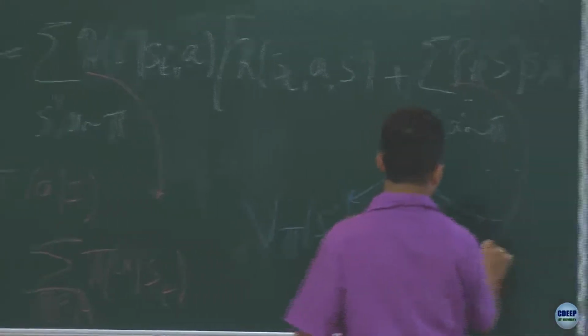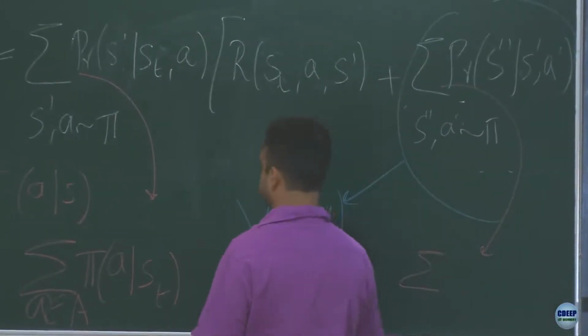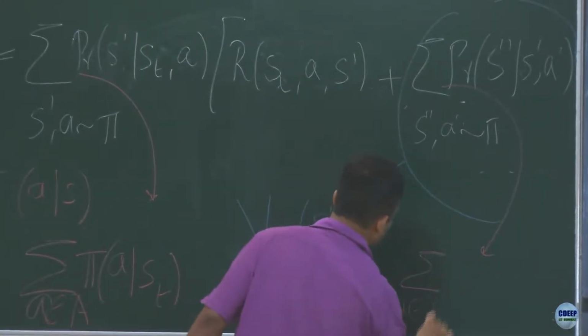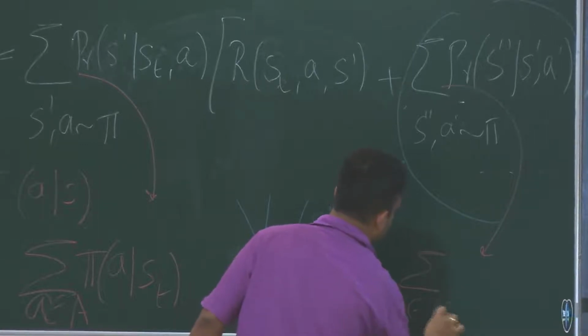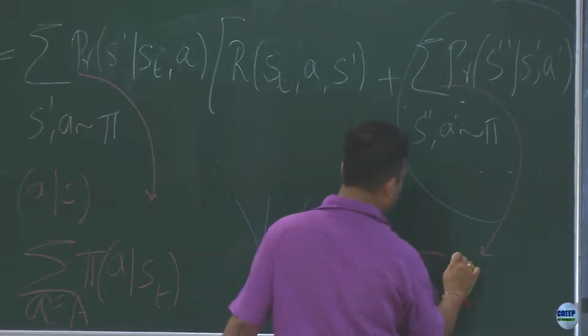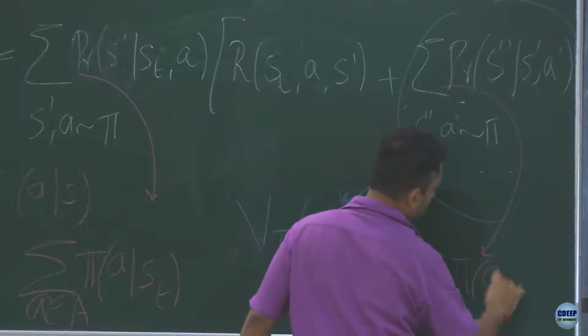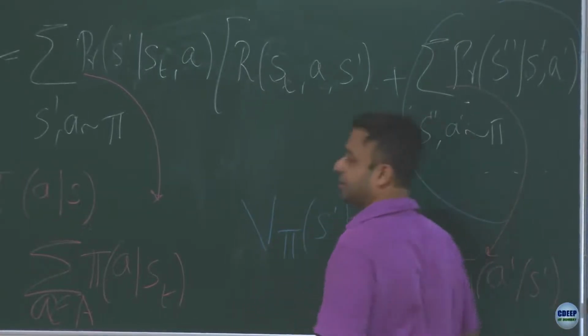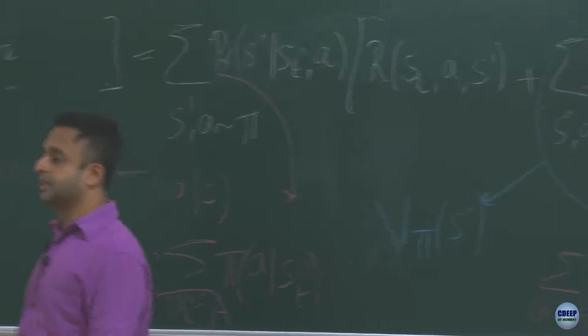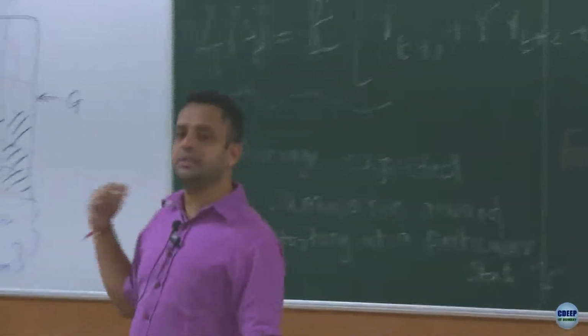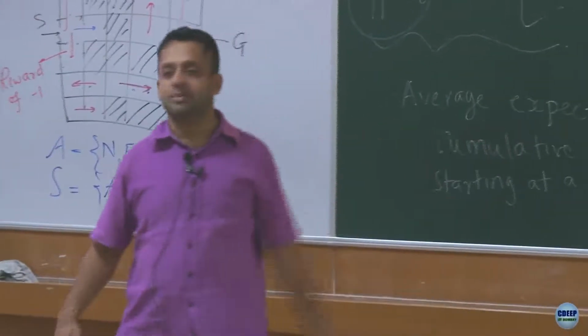Likewise here also you will have a summation over A prime action into the pi of A prime given S prime and so on. Does that answer the question? So you will have a few more summations.